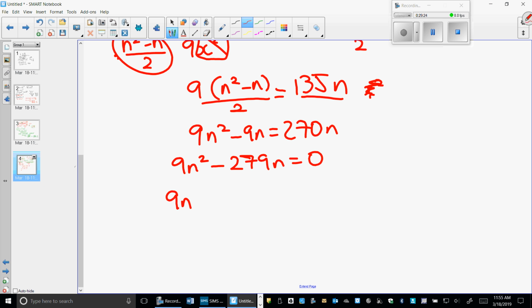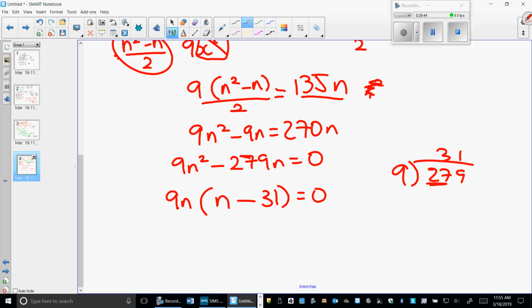This is 7 marks. So that leaves us n minus, what's 9 times this? Let's just take a second. Just here, look, 9 into 279. 9 into 27 goes 3, 9 is 9.